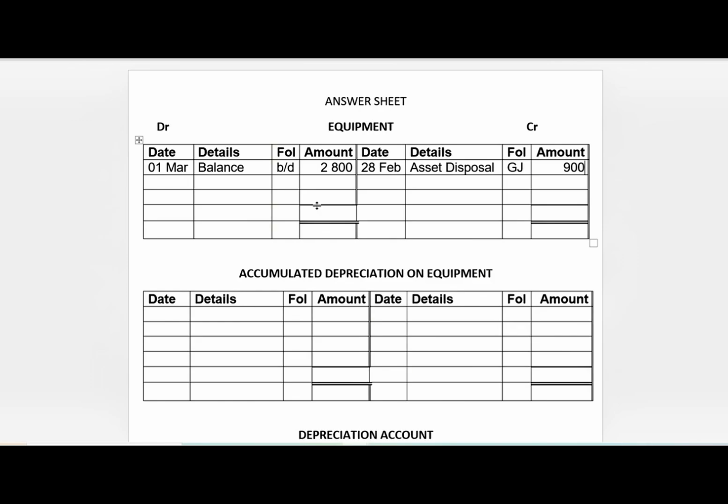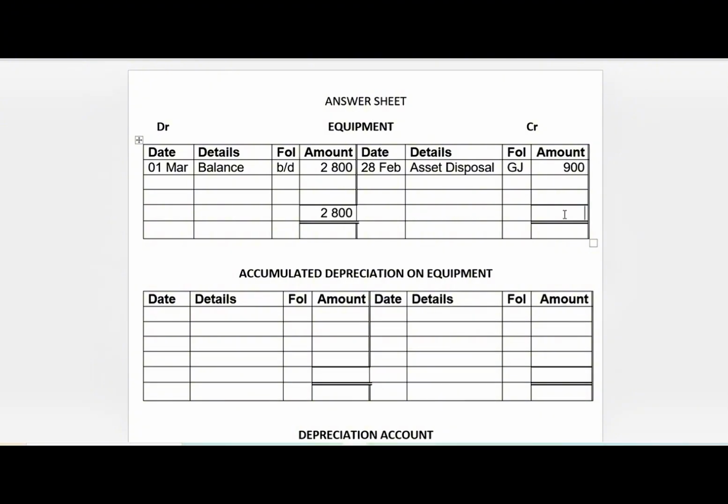When we check here, the bigger side, obviously, is the debit side by 2,800. Let's just do that: 2,800.